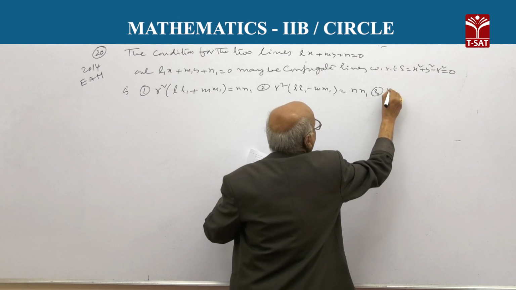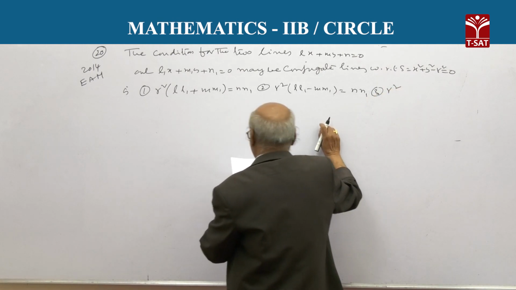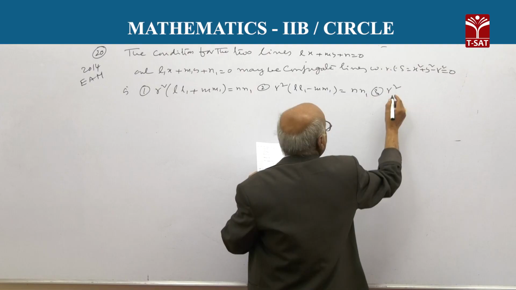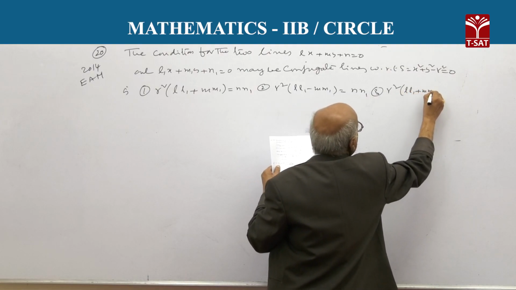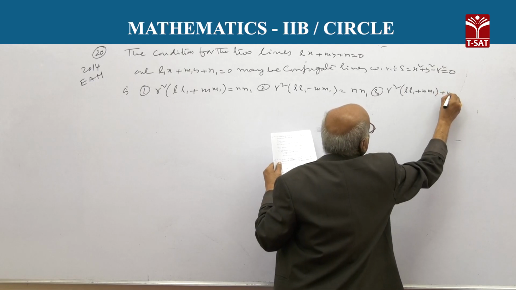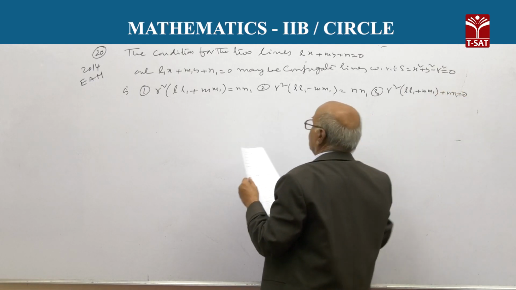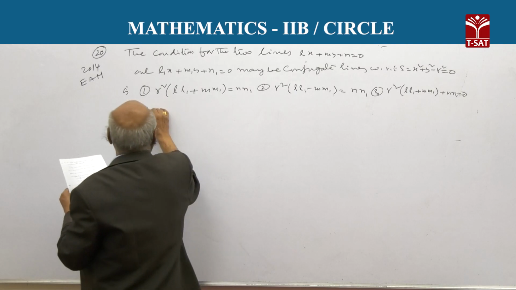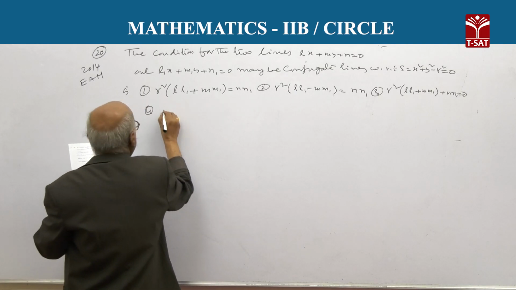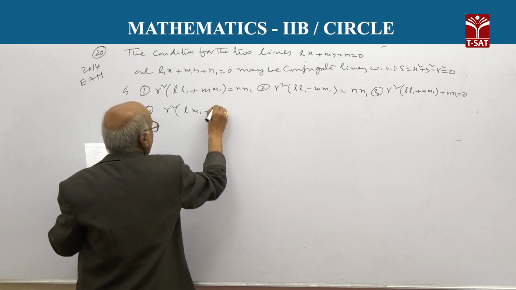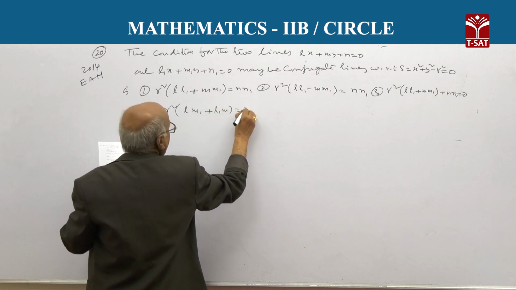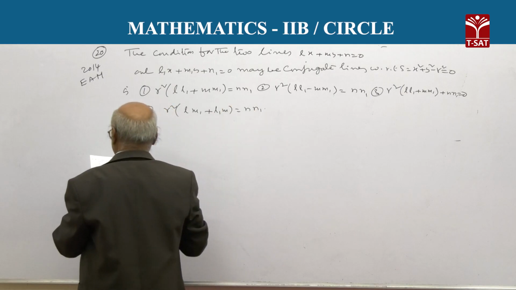Number 3, r square into LL1 plus MM1 plus NN1 is equal to 0. And number 4, r square into LM1 plus L1M is equal to NN1.